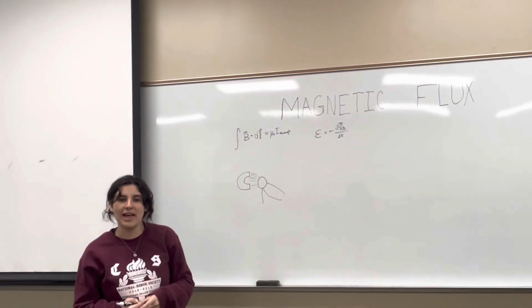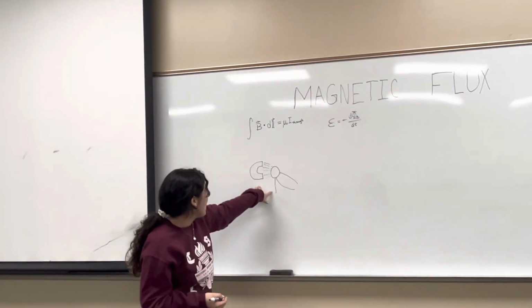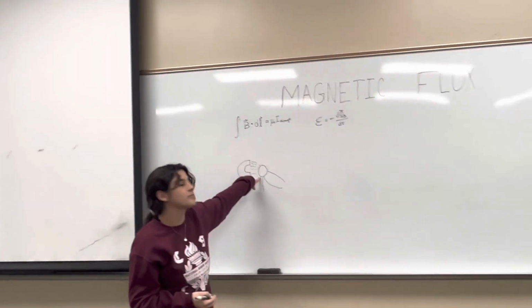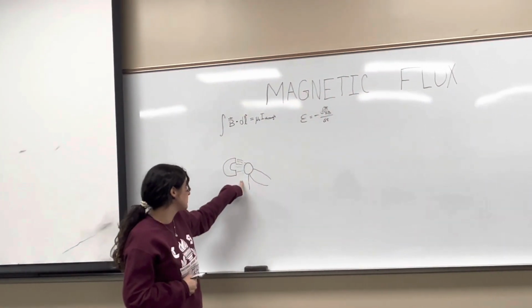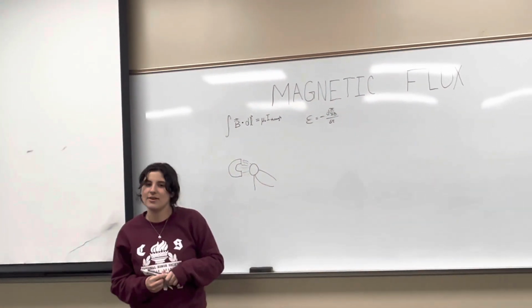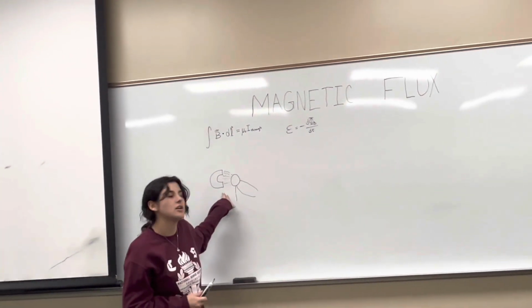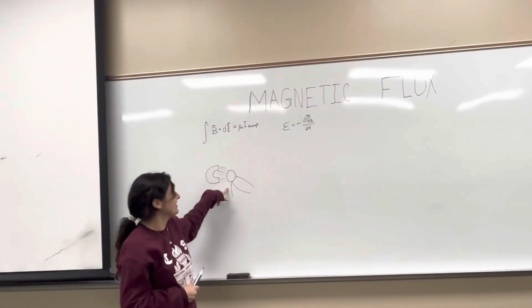So how we are going to apply this is we are going to have a magnet and a current carrying ring. And how we're going to have a change in magnetic flux is we are going to move this ring up and down at a given frequency. So this change in flux should create an induced electric current.